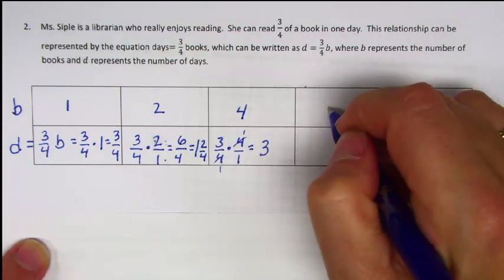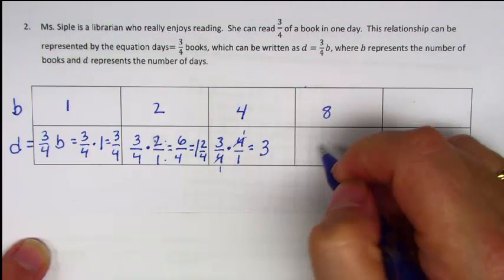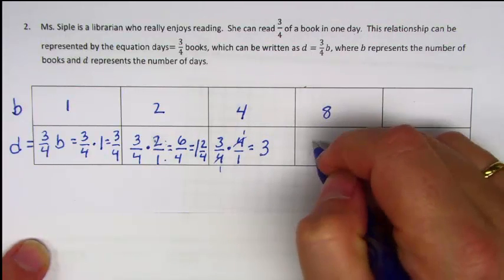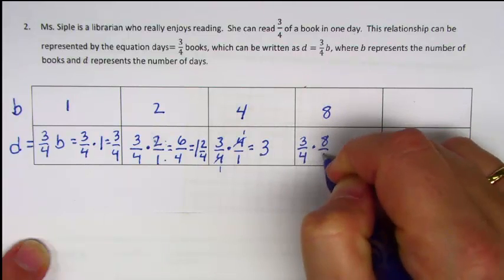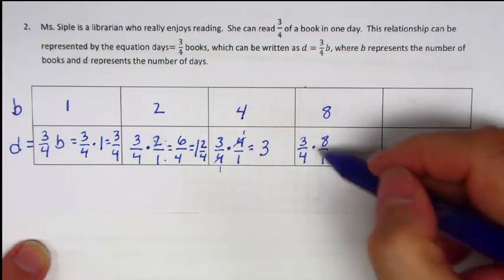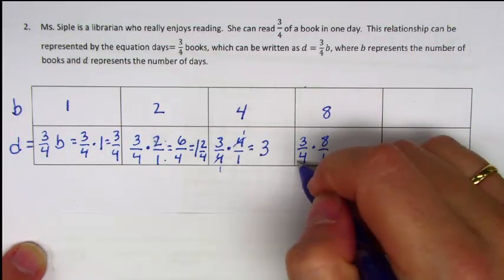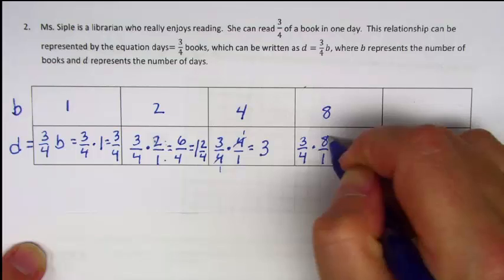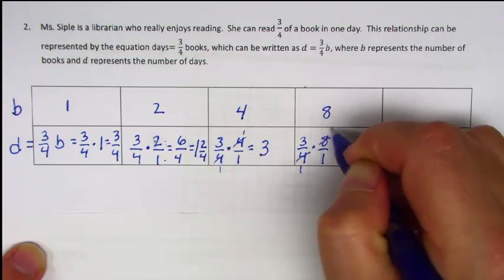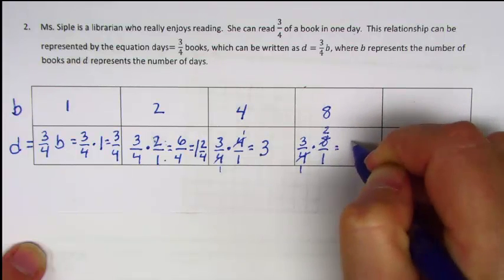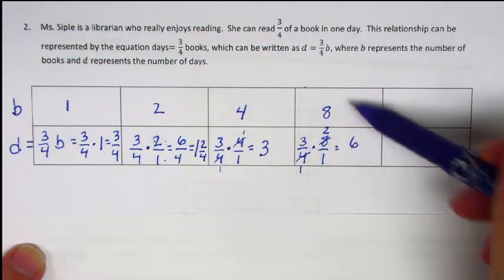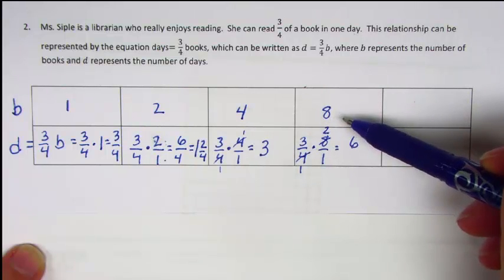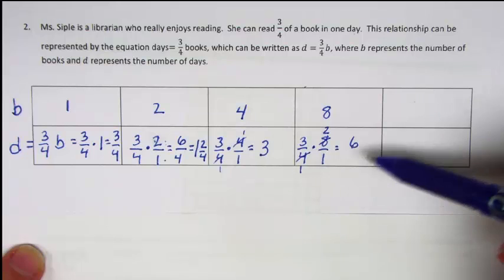If I use an 8, in 8 books, it will take her 3/4 times 8 books, I can divide both of these numbers by 4. I get 1 and 2. It will take her 6 days to read 8 books. If I choose the number that I'm going to be multiplying by with care, I can make the problem a lot easier.